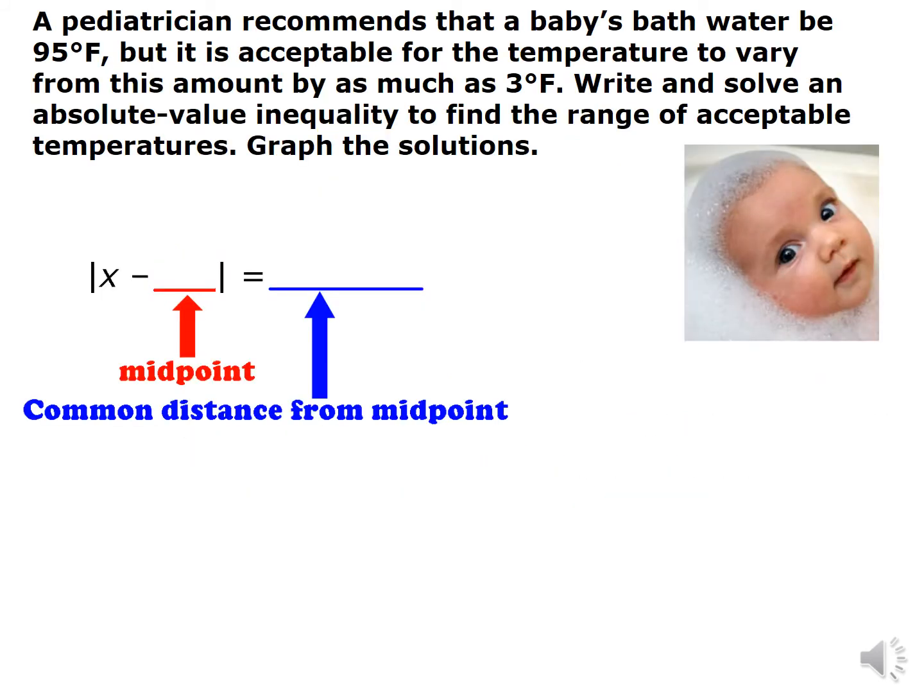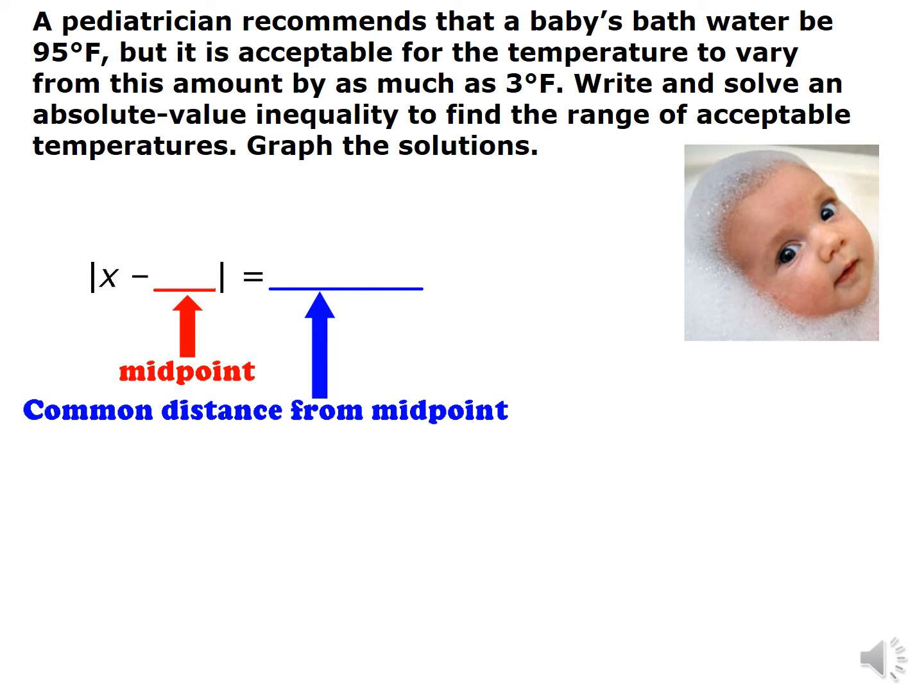All right. So now this is going back to making an absolute value. So I thought this picture was adorable, so I added it in. A pediatrician recommends that a baby's bathwater be 95 degrees Fahrenheit, but it is acceptable for the temperature to vary by as much as 3 degrees, which is not a lot.